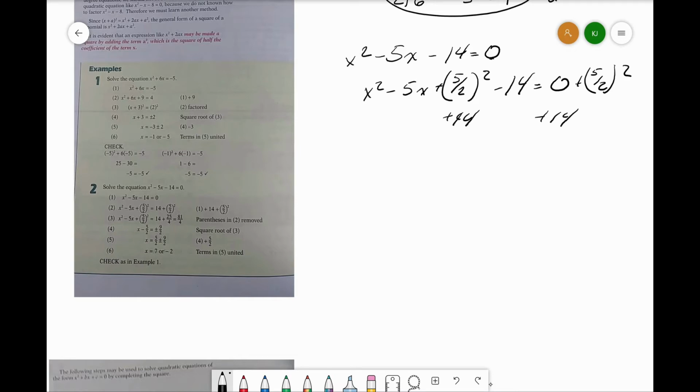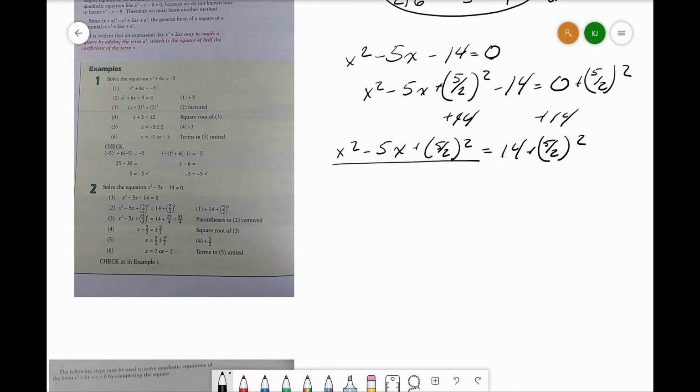So we now have (x - 5/2) squared is equal to 14 plus (5/2) squared, because we want this side of the equation to be in the form we are used to seeing by now.